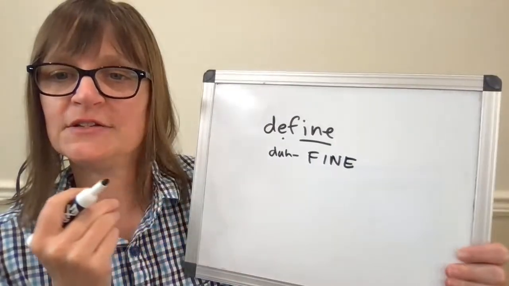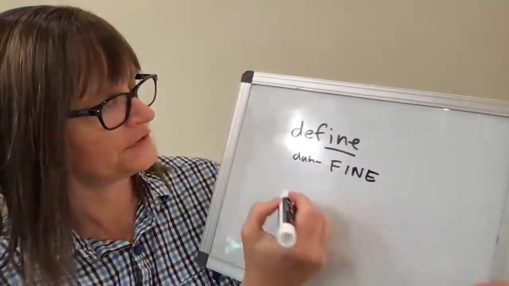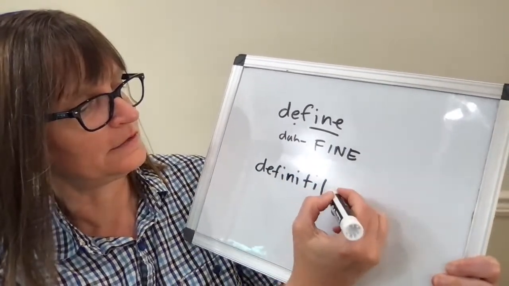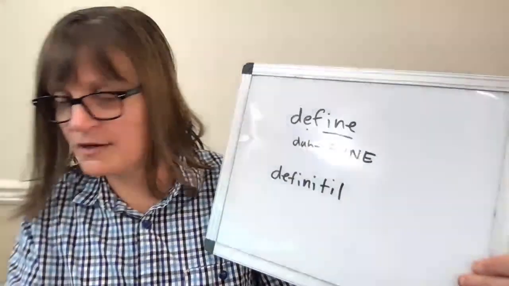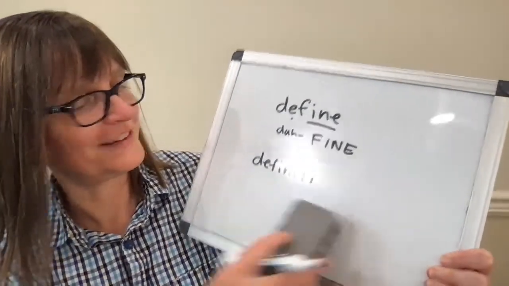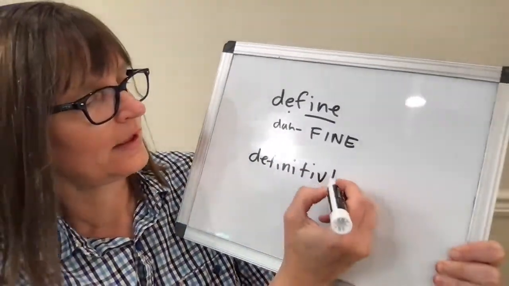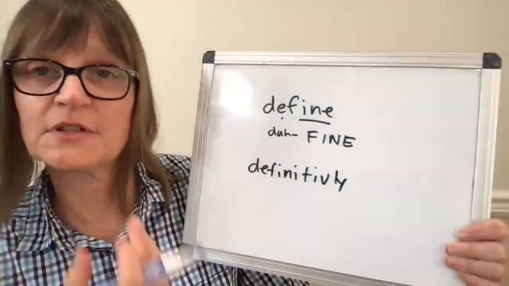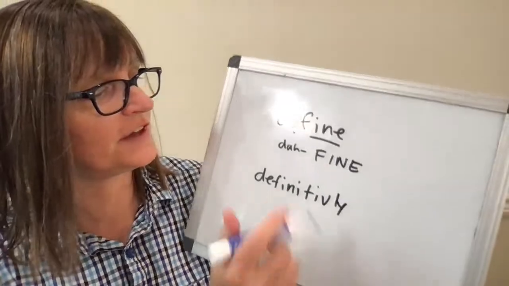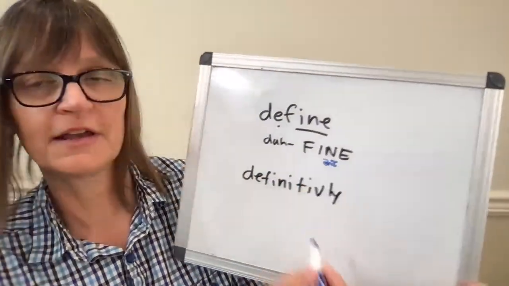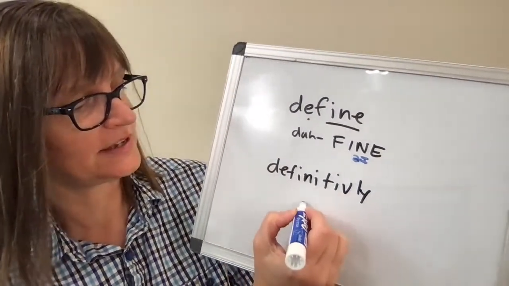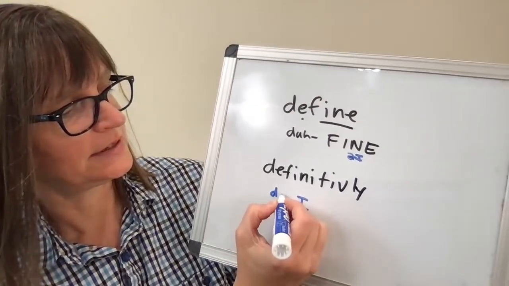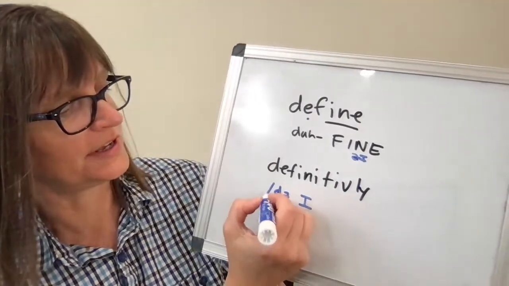When we say definitively, moving to definitive, not L, but if, definitively, we still have second syllable stress, but instead of the I diphthong, like in define, we change to an I sound. So it becomes probably a schwa or an I there.